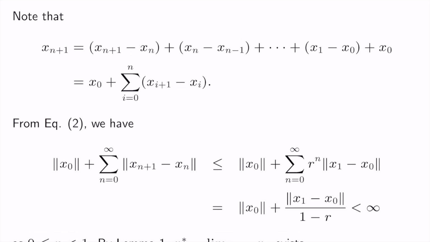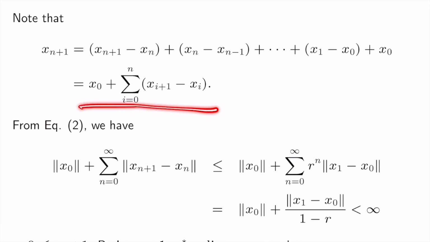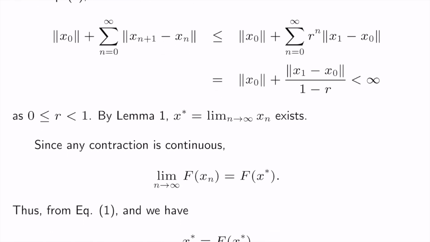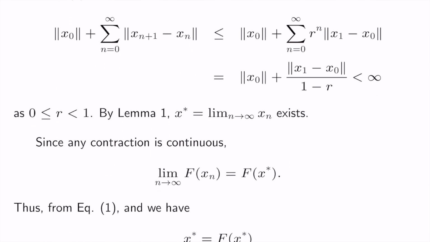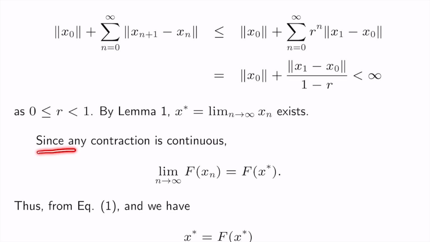So this series is convergent. That means if we take the limit n going to infinity, then this xn plus 1 will converge to some value, I mean some value in the set S. Since any contraction is continuous, as we have proved in lemma 2, this limit exists.